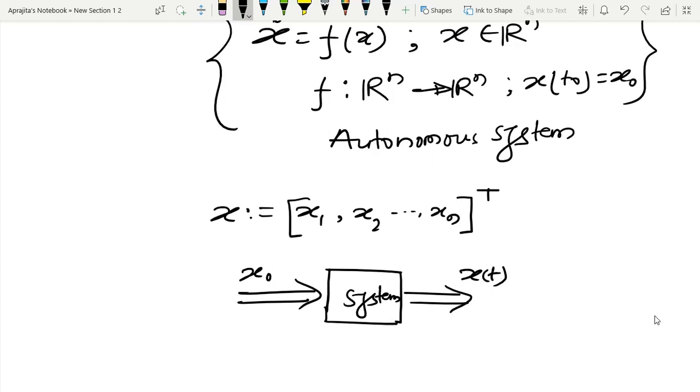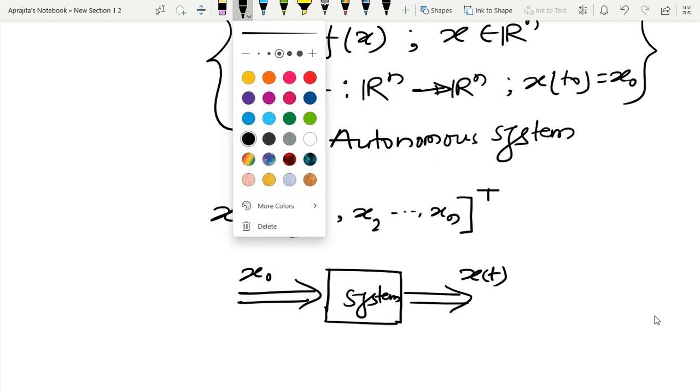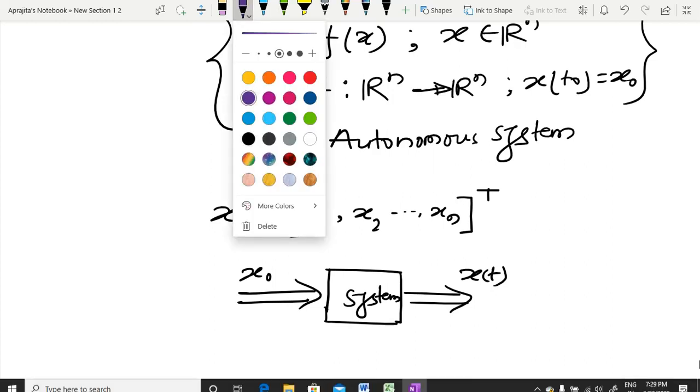Let us come to one example of this particular space.